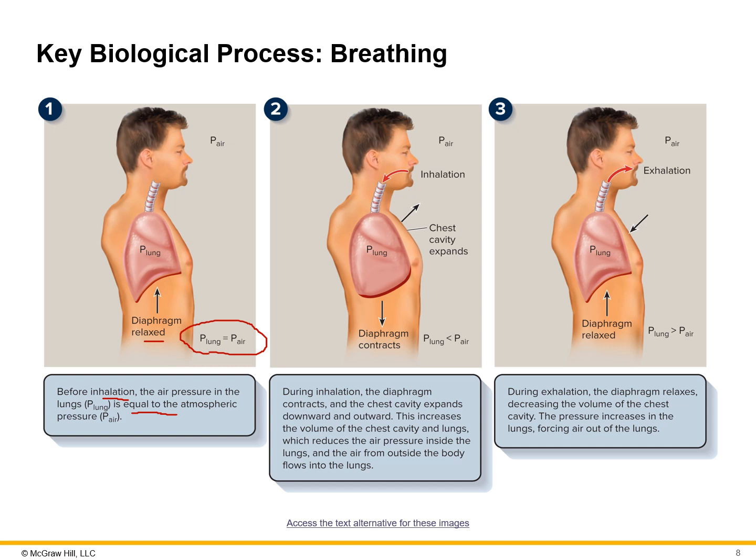Then as we inhale, the diaphragm is going to contract. As it contracts, that allows the lungs and the chest cavity to expand. And that also means the pressure inside of the lungs is less than the pressure on the outside of the lungs.